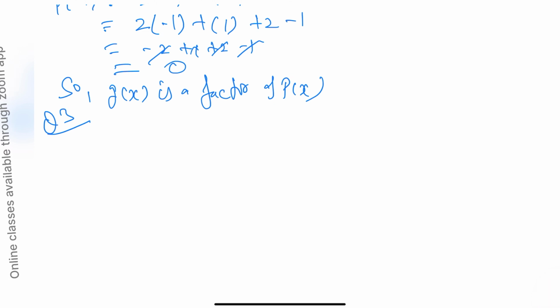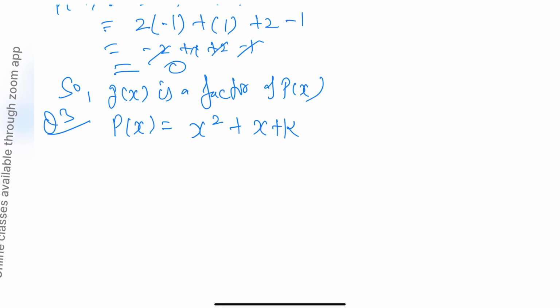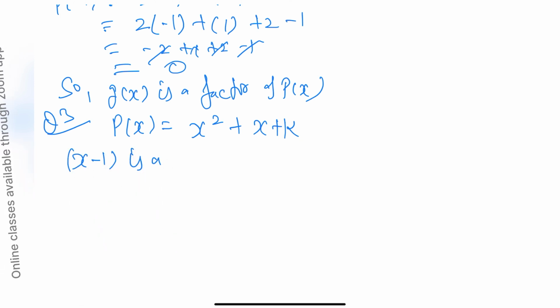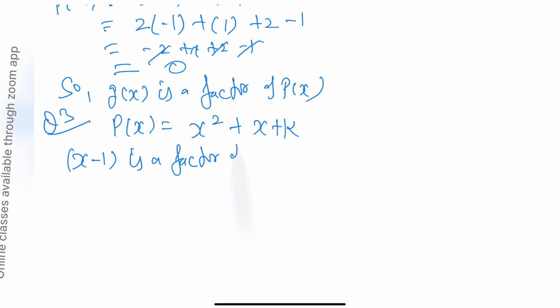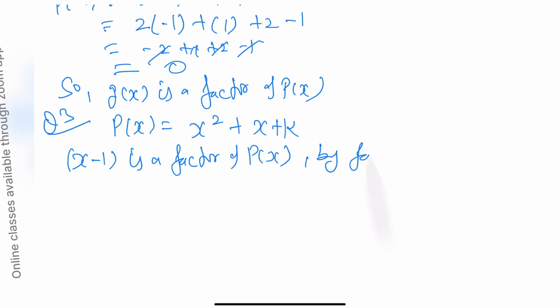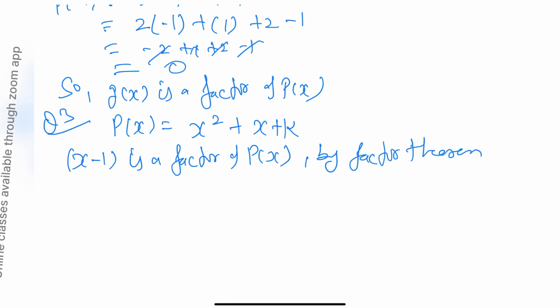Question number 3 is find the value of k if x minus 1 is a factor of p of x in each of the following cases. Now it is given that x minus 1 is a factor of p of x, where p of x is x square plus x plus k. Then by factor theorem, what can we say?